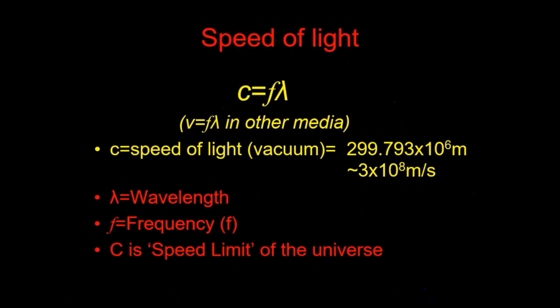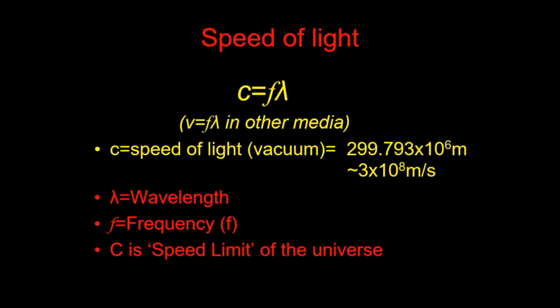While we're talking about light, and we'll come back to light later on, the speed of light is a constant. Now, we've seen v equals f lambda for other media that we've talked about. We've talked about the wavelength of, say, radio waves and things like that, possibly in the atmosphere. That means you have a velocity of v equals f lambda.